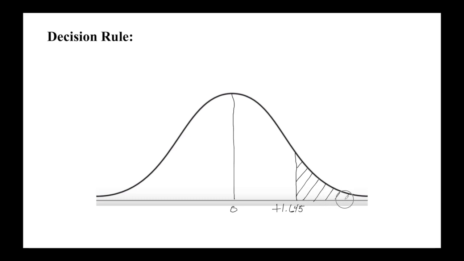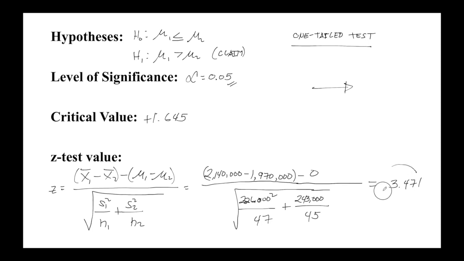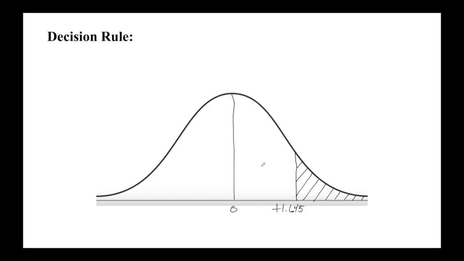What is our computed value? 3.471. As you can see, our 3.471 is inside the rejection region.